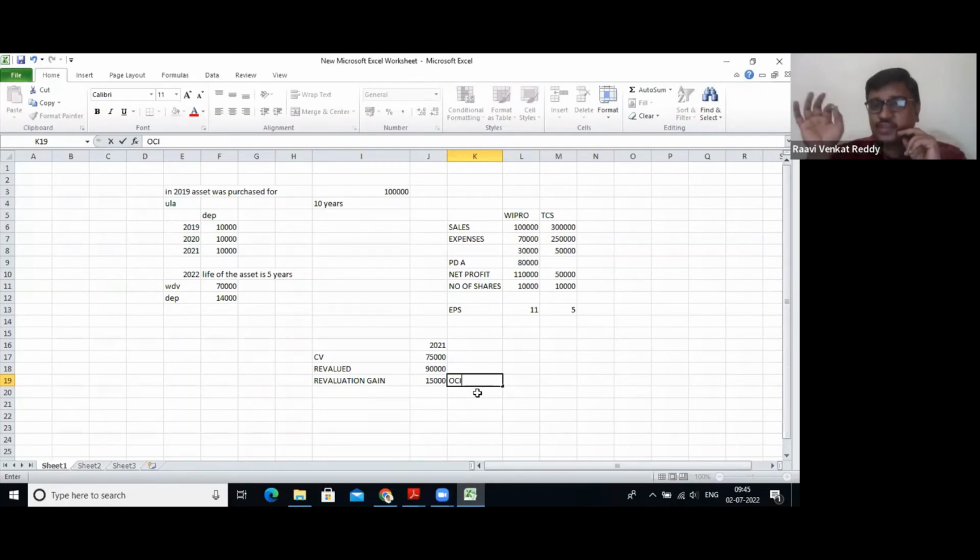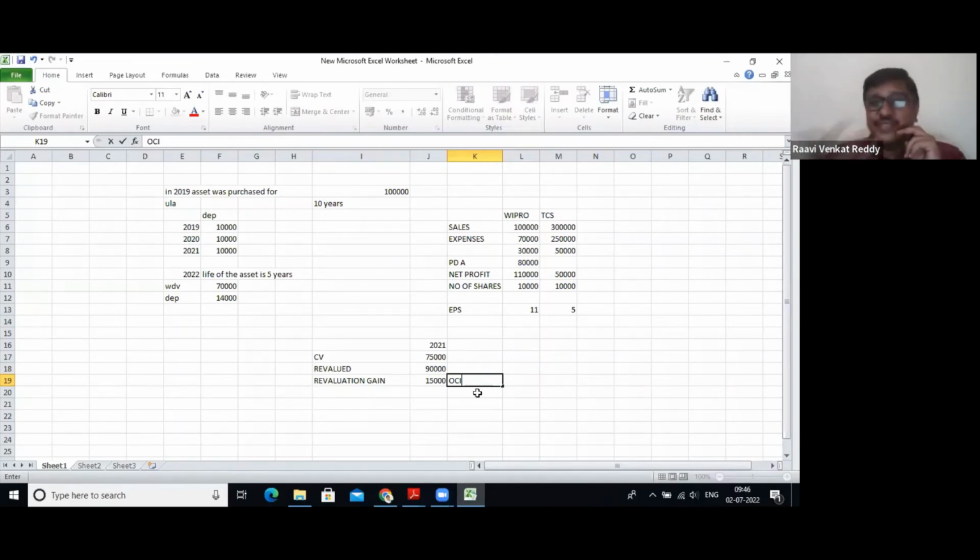So do remember this statement: revaluation gain should be shown in other comprehensive income. This is only for property, plant and equipment, participants. This is not applicable for all non-current assets. We are discussing only property, plant and equipment. If there is any revaluation gain on property, plant and equipment, it should be shown only in other comprehensive income, not in the statement of profit or loss.